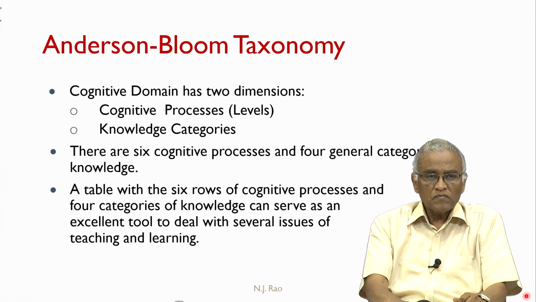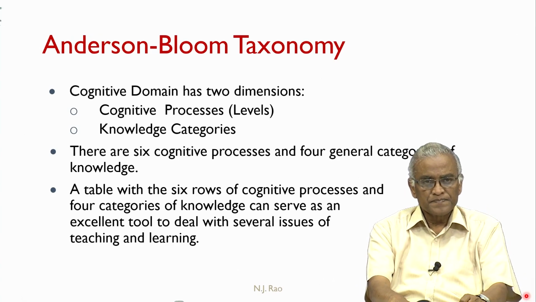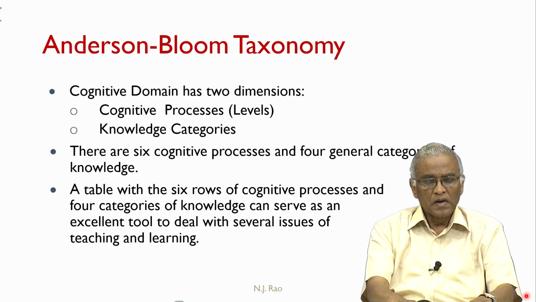Now, once again to recapture, we called it the Anderson-Bloom taxonomy, and the cognitive domain has two dimensions, namely cognitive processes, sometimes we call them cognitive levels as well, and knowledge categories.